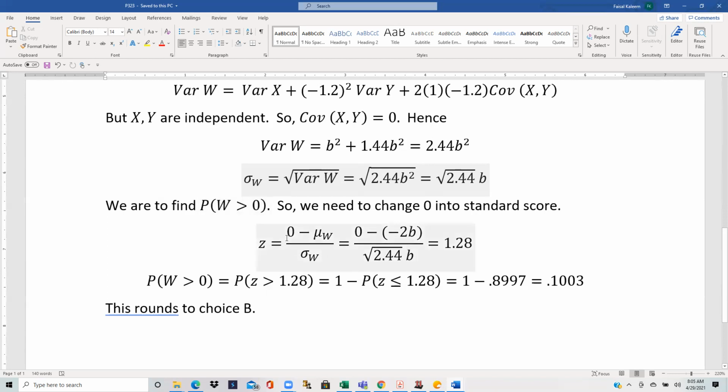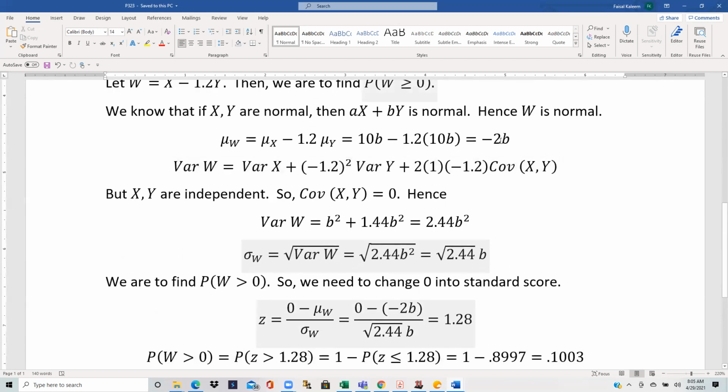Thus Z would be 0 minus mean of W divided by standard deviation of W. Mean of W we calculated above to be negative 2b, and standard deviation is square root 2.44 and then b. And the b's cancel out, because the top is just 2b. So the b in the top cancels out with the b in the bottom. You just divide 2 by square root of 2.44.